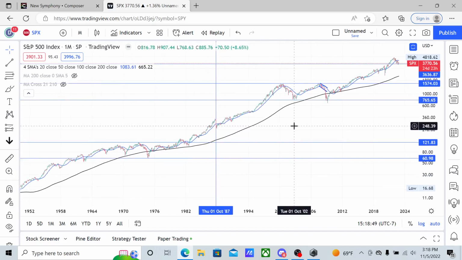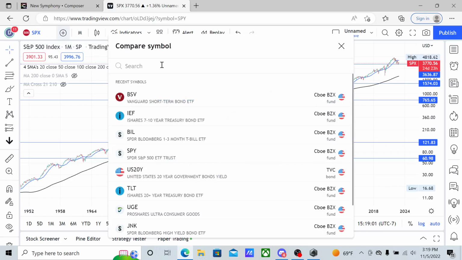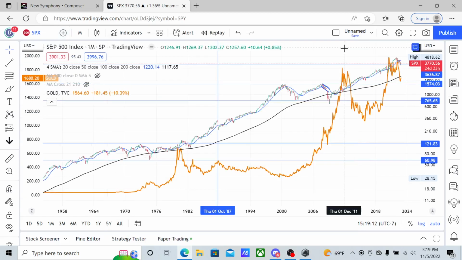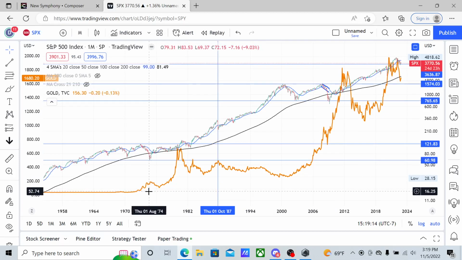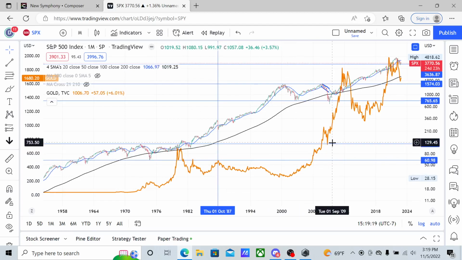Another thing you could do is if you're looking at investing in the markets and you want to know when to get in, when to get out, maybe what to transition or pivot to, that's known as a parity switch. So what you could do is plug in commodities, gold, pretty much whatever you want. So let's say we plug in gold, and this will tell you the macro movement of gold as opposed to what the S&P 500 is doing.